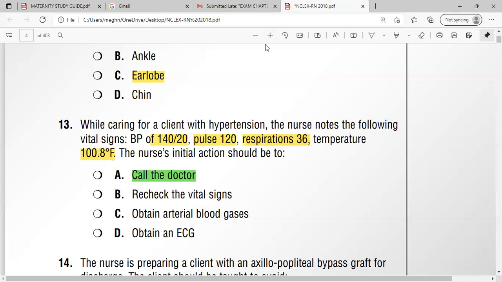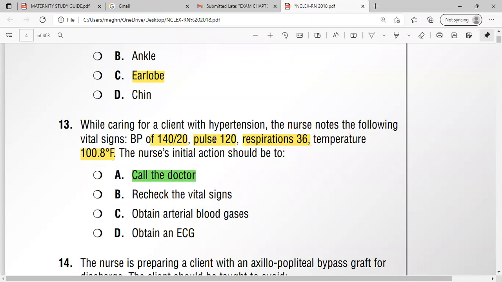So why is number A the correct answer? The client is exhibiting a wide pulse pressure. You see the gap between systole at 140 and diastole at 20. Huge gap, so it is an emergency, right?